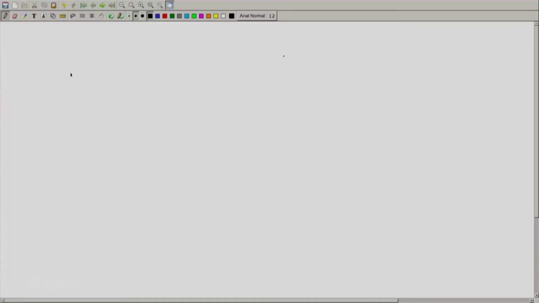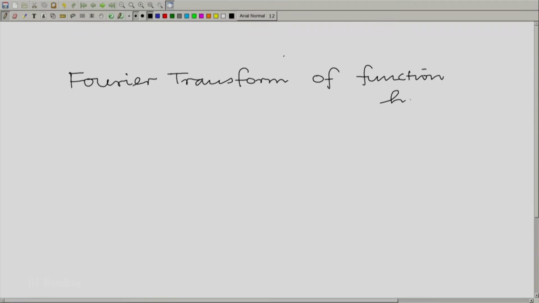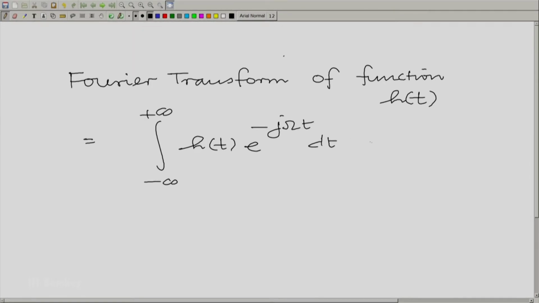So, let me review a few key ideas which we have built in the last two sessions, from which we will go ahead in this session to take an example and to build a few properties. So, we said the Fourier transform of the function h(t) is the integral from minus to plus infinity of h(t) e raised to the power minus j omega t with respect to t, and this is denoted by capital H of omega.